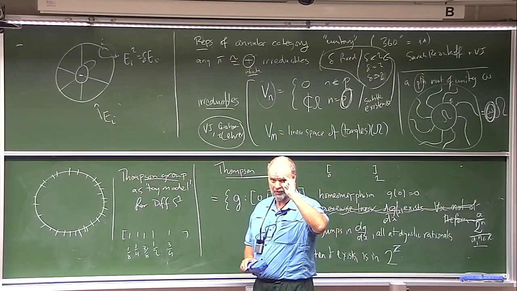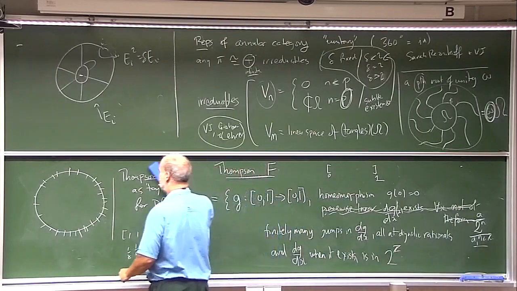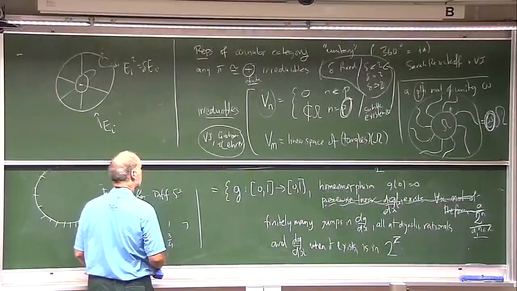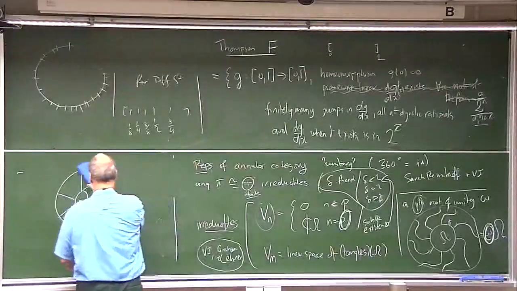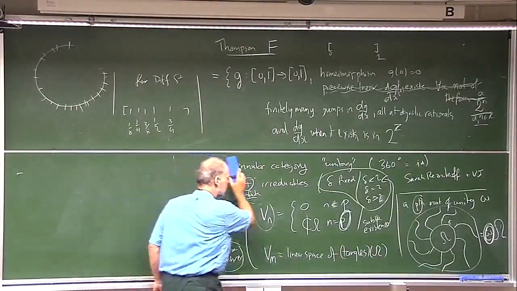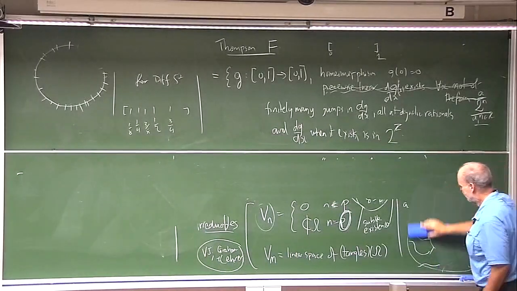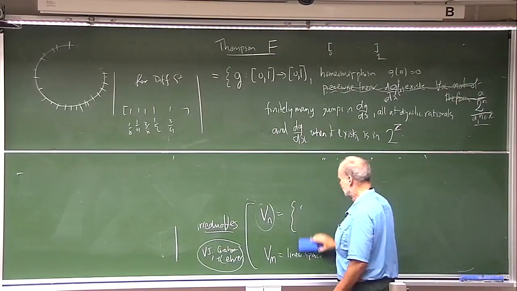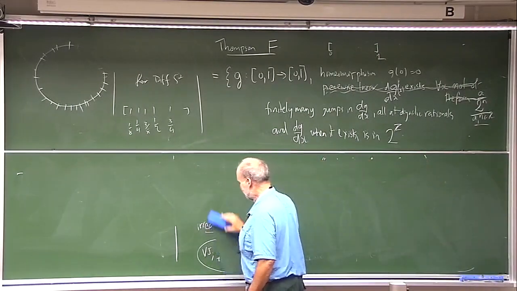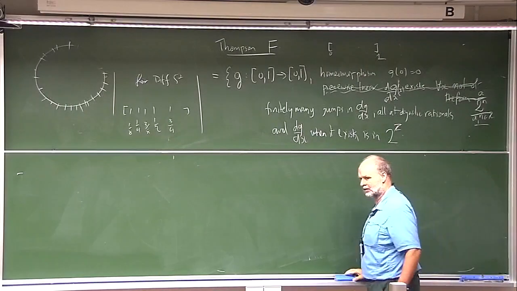Okay. So now I'm going to give you a much more concrete description of the elements of the Thompson group. In fact, it's going to become one of these wonderful groups that you could actually present right in the beginning of a class of group theory as an example of a concrete multiplication you can get on concrete combinatorial objects.